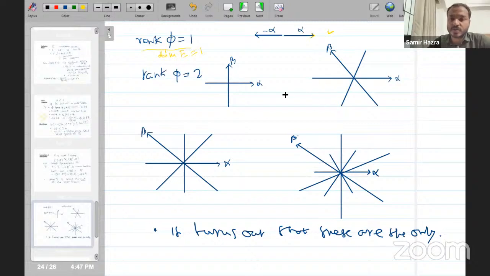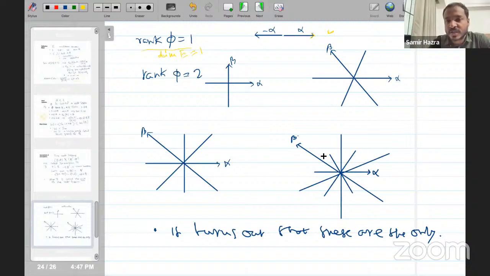If rank 2, we can actually draw all these, and one can check that for all of these, the requirements for this to be a root system hold, and it turns out that these are the only ones. This theory we will not do today, but we will go over the classification of root systems, though not today.